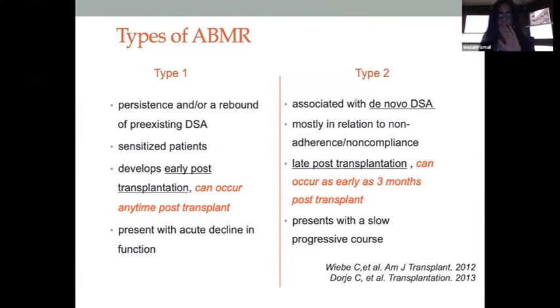Always remember that you can see it 1 year or 2 years post-transplant, and it usually presents with an acute decline in function. Type 2 is associated with de novo DSA and mostly occurs in relation to non-adherence and non-compliance. It occurs late post-transplant, but late means that as early as 3 months post-transplant you can start to see type 2 antibody-mediated rejection, and this type presents with a slow progressive course.